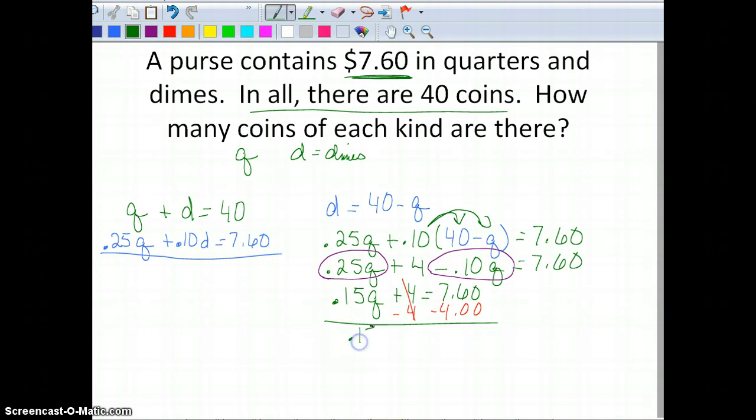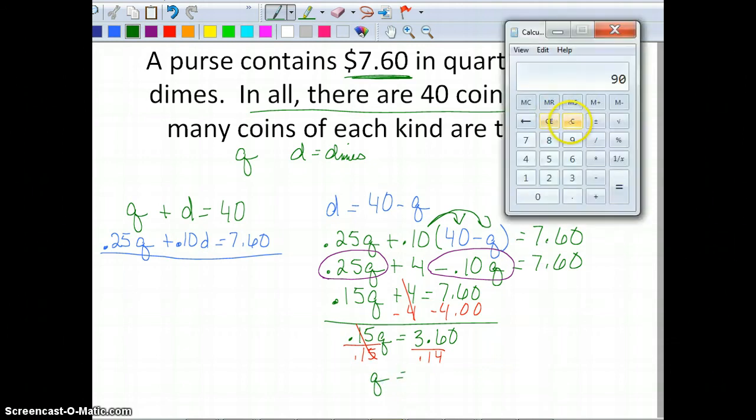So I have 0.15 Q is equal to 3.60. Now we're going to divide both sides by 0.15. So Q is equal to 3.60 divided by 0.15, 24.